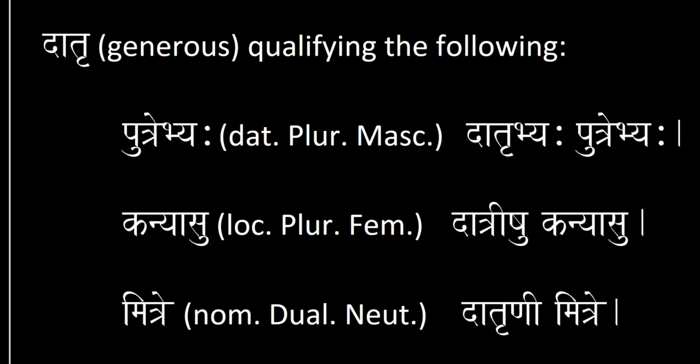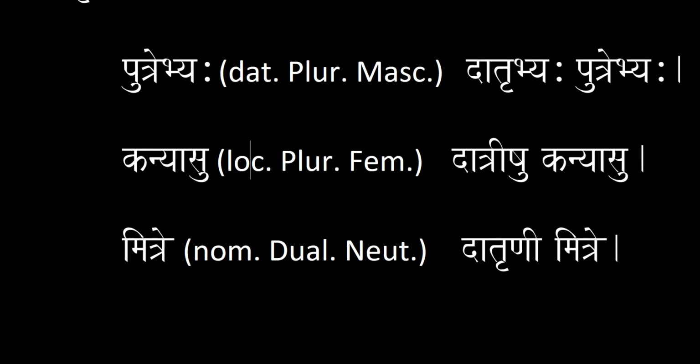So after it's changed into dhatri, when you put it in the locative plural feminine case, it becomes datrishu. That's how you can tell that this is feminine, because of what it was converted into.